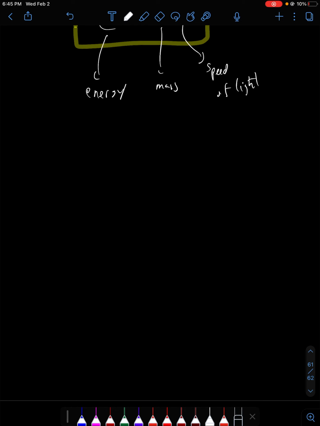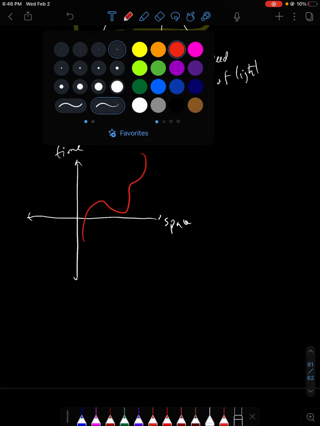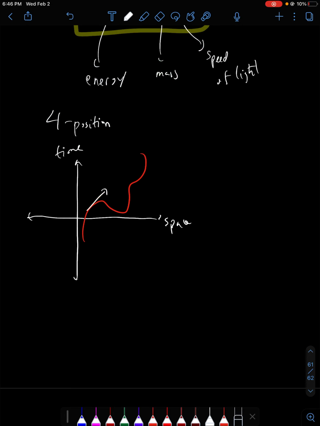So first of all, we have to define some concepts. So you have to define what force position is. Now we know from relativity that we have a dimension of time and we have a dimension of space, right? And we can have things called world lines in this space-time, and we can have tangent vectors along the world line.